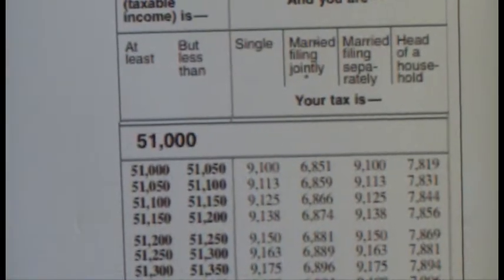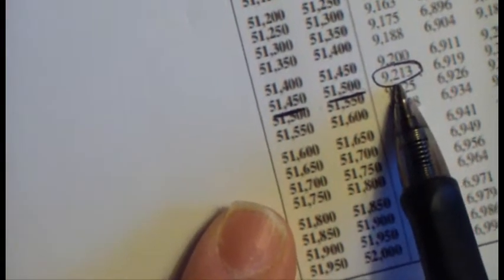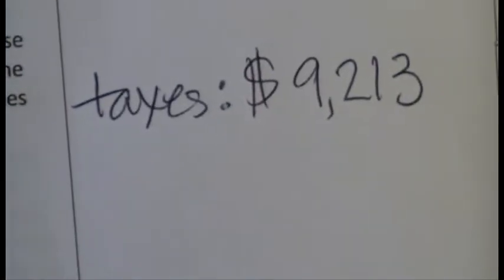Now he is filing single, which is the first row. So his taxes are right there. He owes $9,213 in taxes. So there you go. That's all you've got to do to read your table.